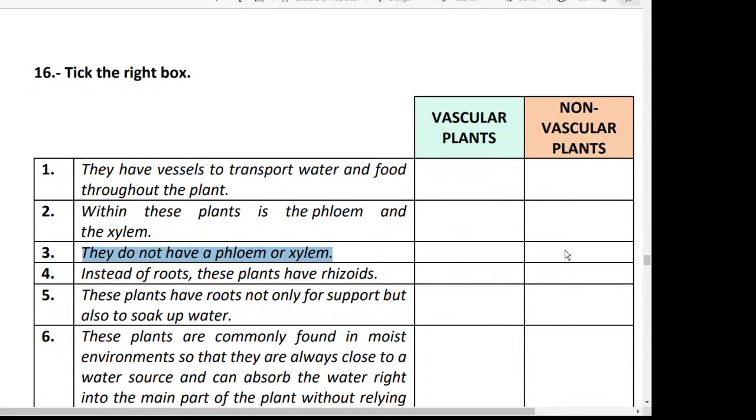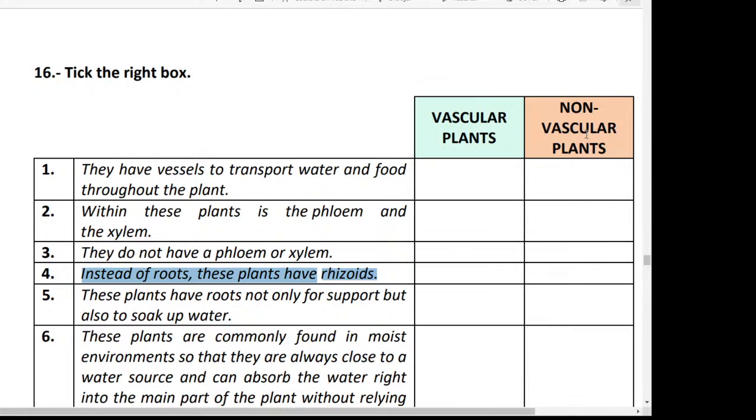Okay, we are correcting, so you have to be very attentive. Number 4: instead of roots, these plants have rhizoids. You have to choose between vascular and non-vascular plants.